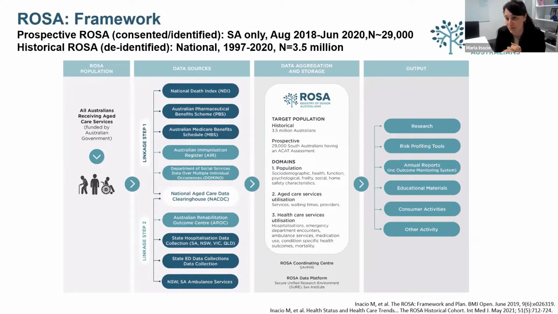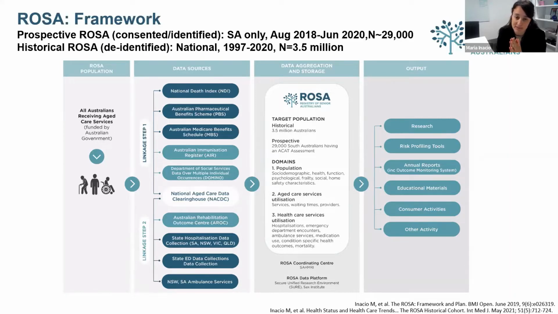To date, it has about 29,000 entries, for about 26,000 people. Every South Australian that has an ACAT is given the opportunity to opt out of the registry, and we can identify the facilities and certain information about that cohort that is really useful for some of the things that I'll mention later. At the same time, parallel to setting up this registry here in South Australia, we set up a national historical cohort that included a lot of the same information that allowed us to start answering a lot of the research questions that we had.